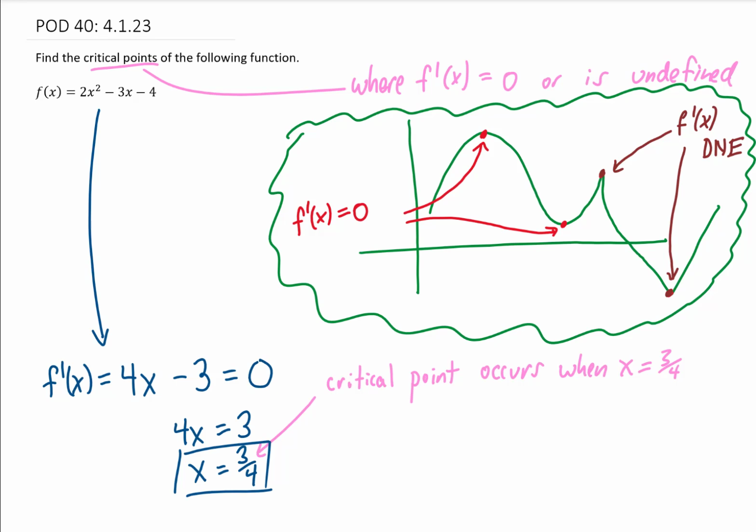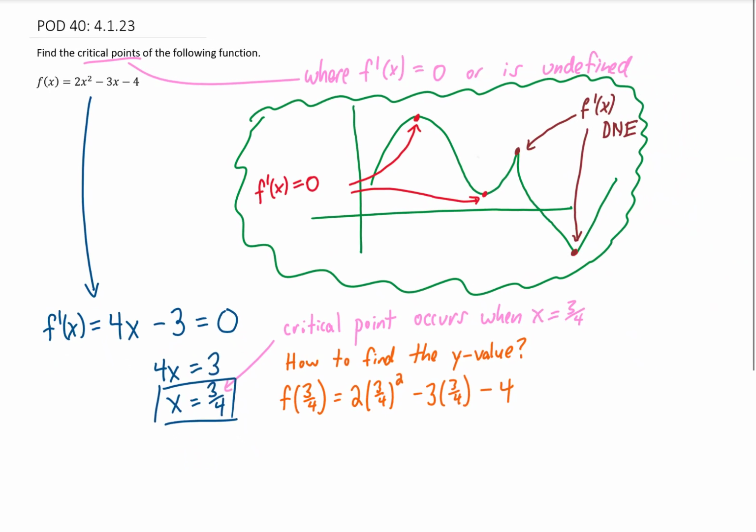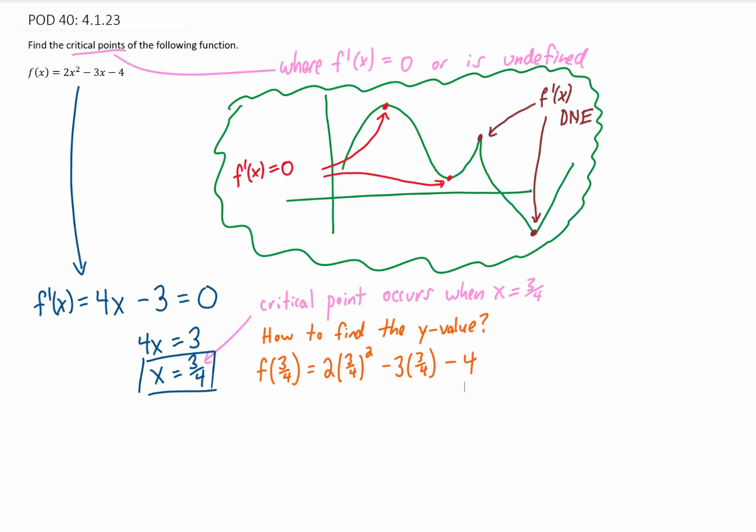But if we actually want to find the critical point, a point has a y value as well as an x value. So if we wanted to find that y value of that critical point, what we would do is take the original function and plug in x equals 3/4. The notation for that is f of 3/4. I'm going to zoom out to make a little bit of room here, and the following is just going to be fraction work, so I'll kind of speed through it.